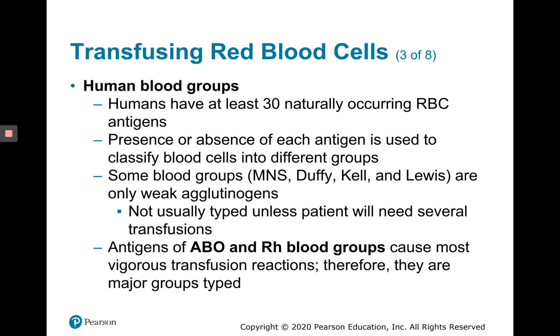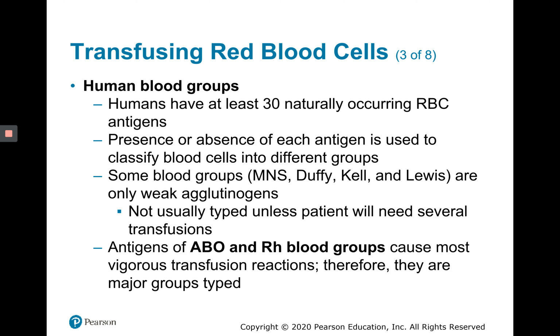So there are at least 30 naturally occurring red blood cell antigens, and the presence or absence of each antigen is what we're going to use to classify or kind of establish these blood groups. Some examples of blood groups include MNS, Duffy, Kell, Lewis, but these are all really weak agglutinogens. We rarely have a reaction if these blood groups are mismatched.